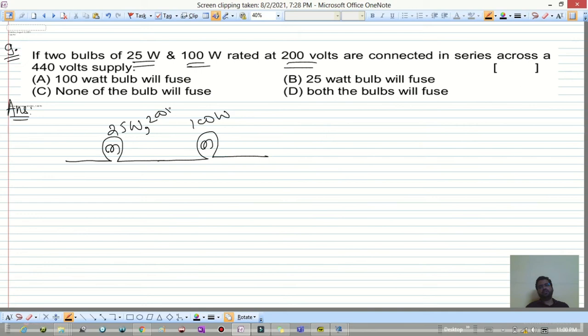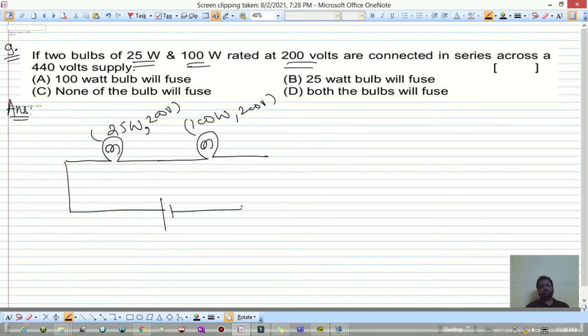So 200 volts given, 200 volts given, in series across a 440 volt supply. Now see, this is connected across a 440 volt supply. Then what will happen? That is what we have to check.